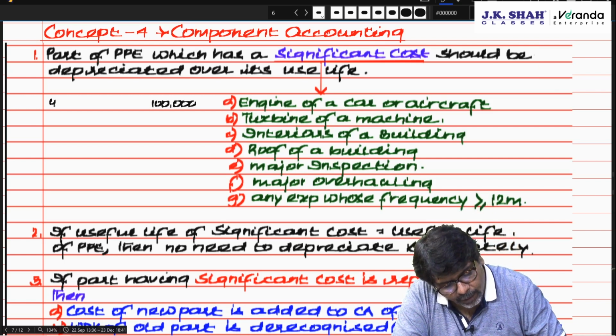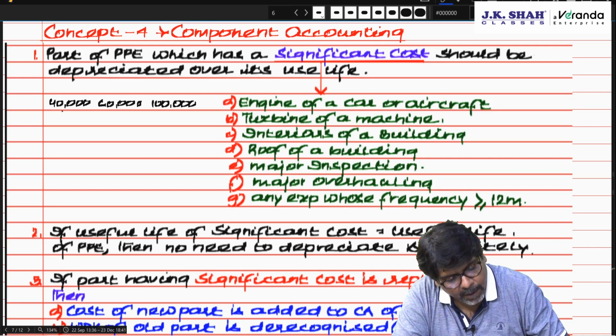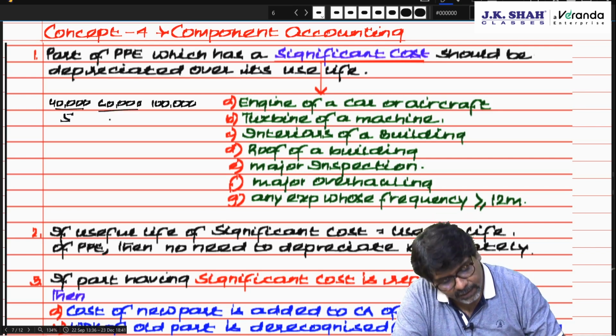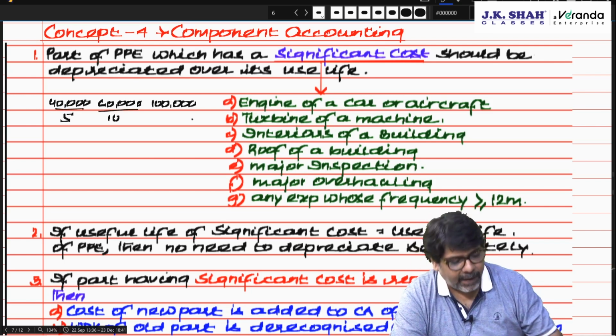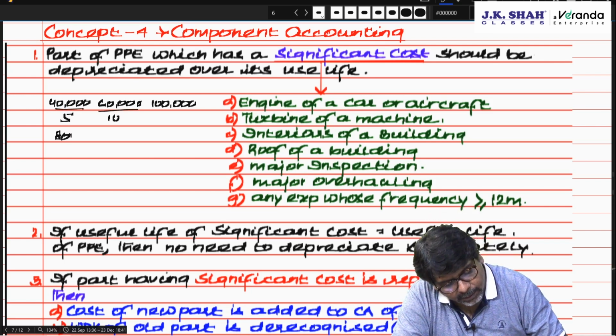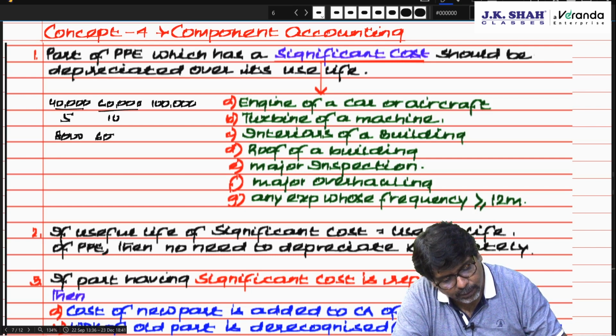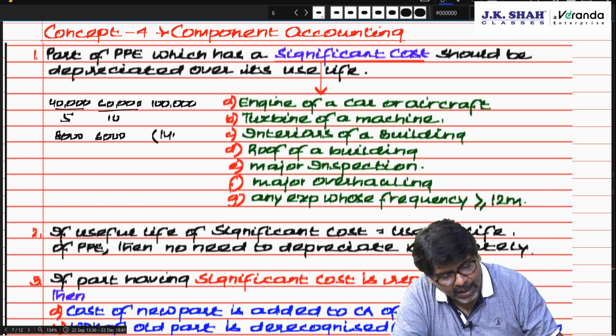We can say body 40,000, engine 60,000. Body's life is 5 years, engine's life is 10 years. Correct? So body's depreciation is 8,000, engine's depreciation is 6,000. The total depreciation of 14,000 you will subtract.